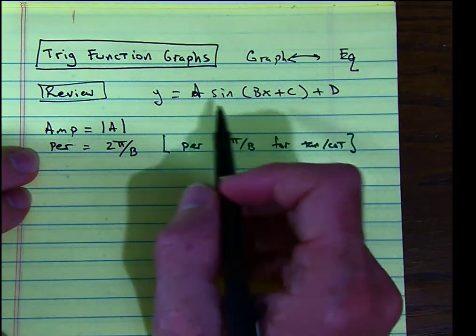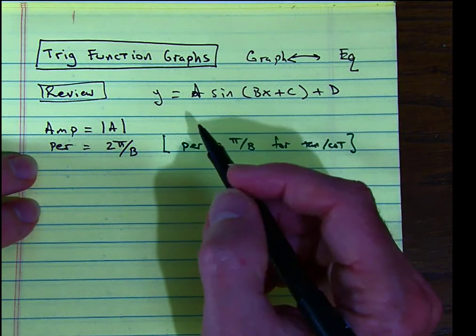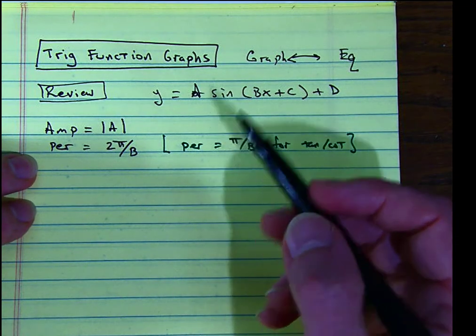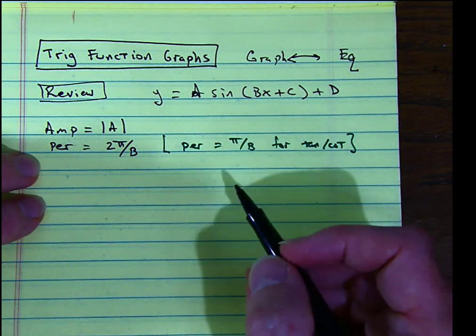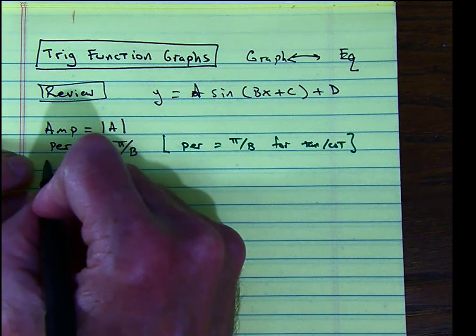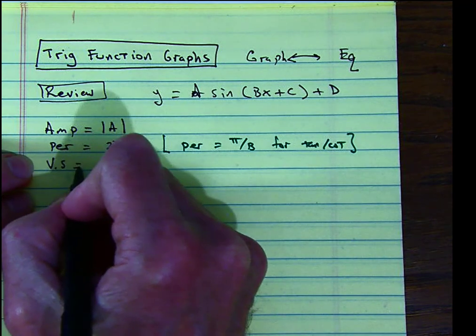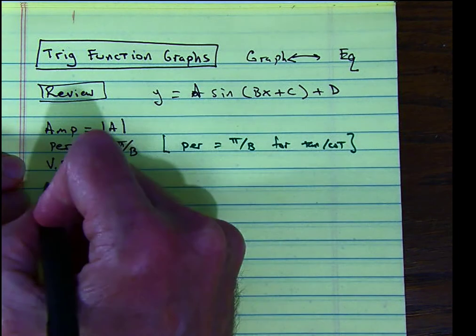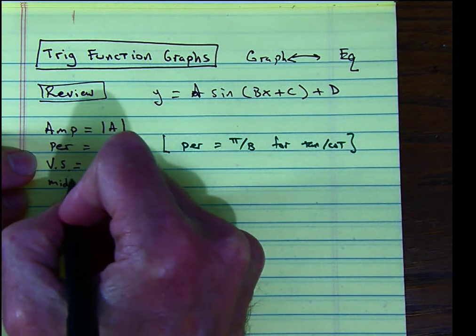I'm going to focus right now on graphing sines and cosines. And if you can graph sines and cosines, then you can also graph secants and cosecants by doing the reciprocal of those curves. But there is a couple more things. There is the vertical shift, which corresponds directly to the number d, and the midline.